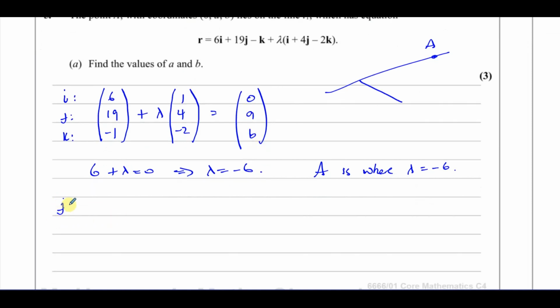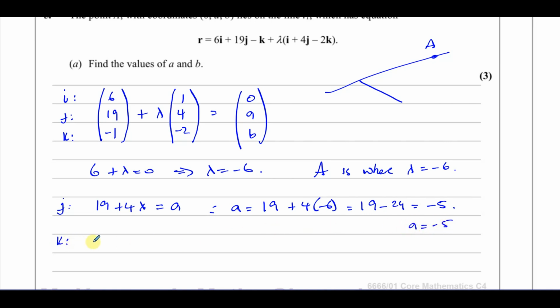If I look at the j component, I have 19 + 4λ = a. So a is going to be 19 + 4 times -6, which is 19 - 24, which is -5. So a = -5.